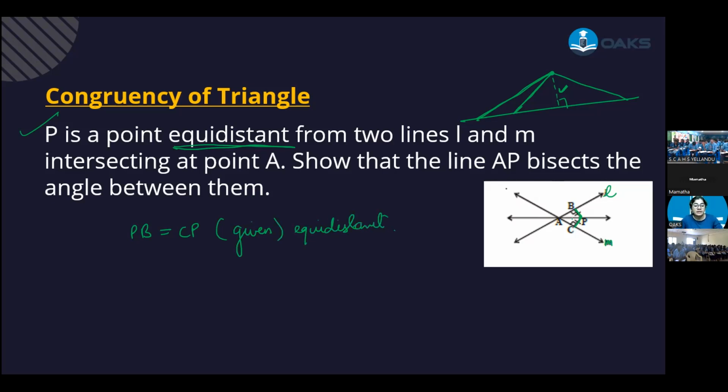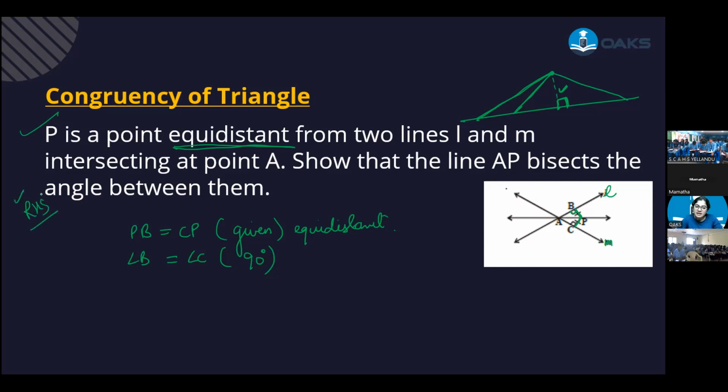Now you all know that this distance is always perpendicular. Angle B is equal to angle C, 90 degrees. So we are using RHS, right?